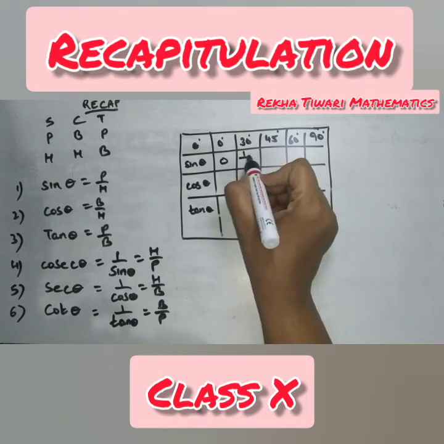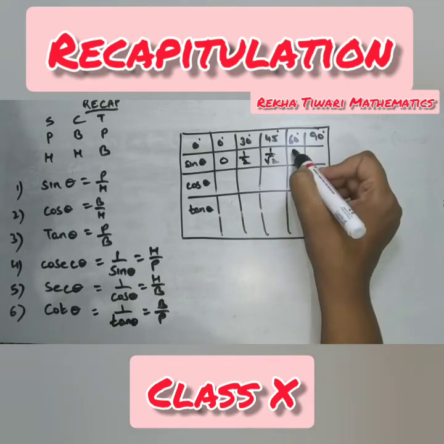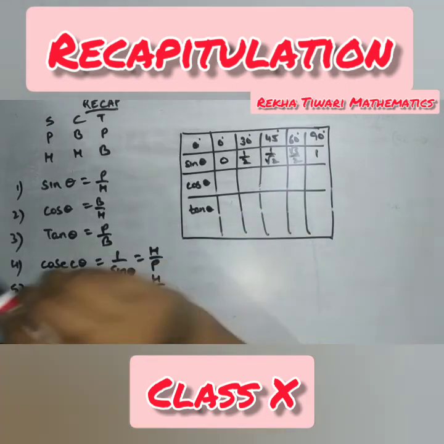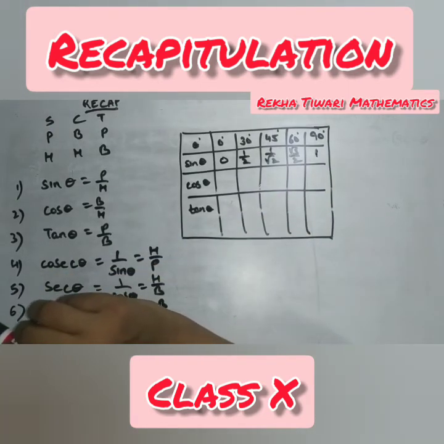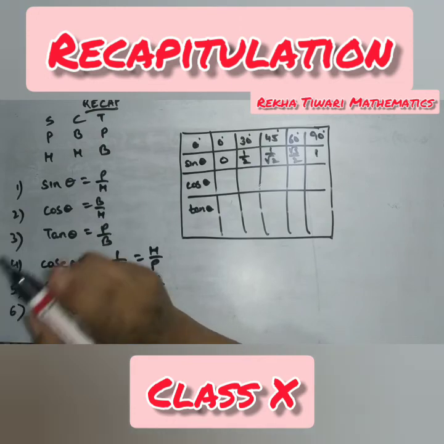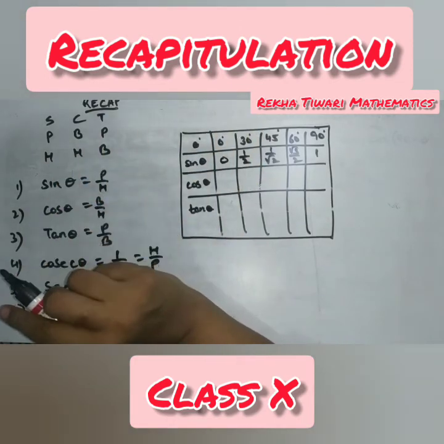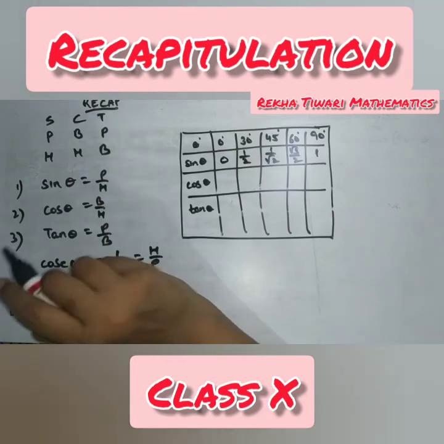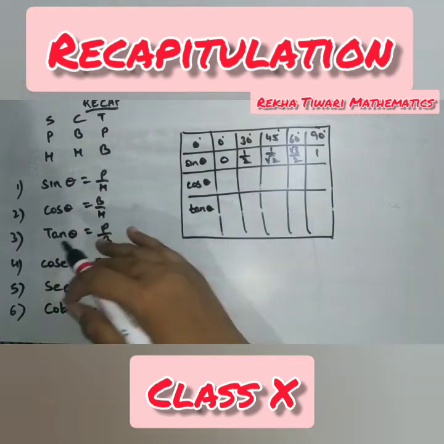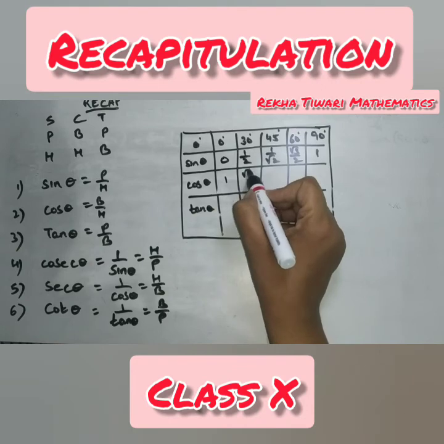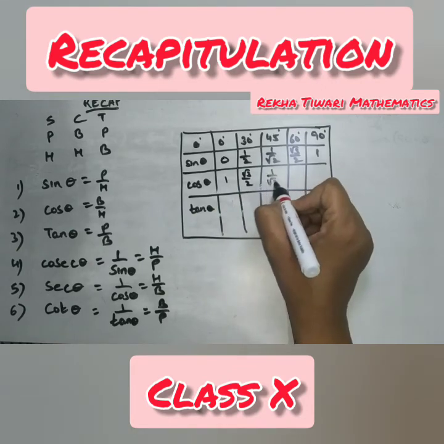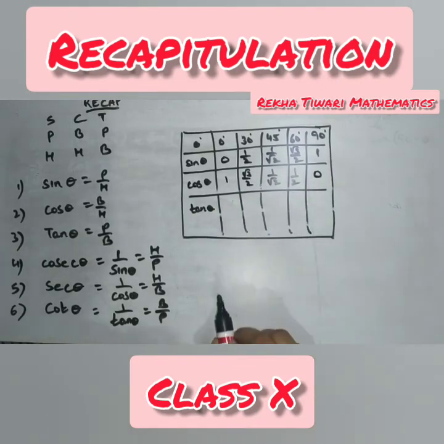It is 0, 1 by 2, 1 by root 2, root 3 by 2 and 1. I have told you the trick also how to remember this. Okay, you have to write down the first 5 whole numbers, divide each whole number by 4 and then find out the square root of each. You will get your answer. Then for cos theta, just change the direction. It is 1, root 3 by 2, 1 by root 2, 1 by 2 and 0.